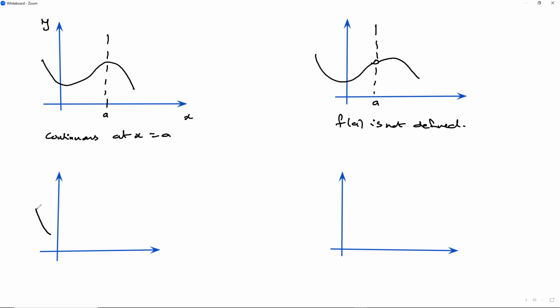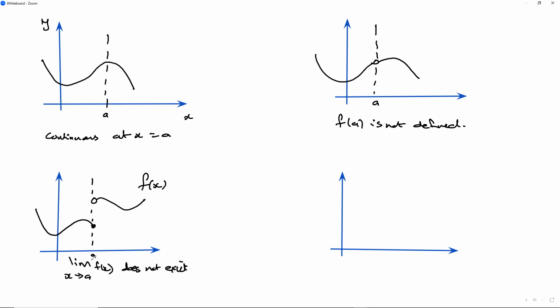Then we've got the case where I stop with a solid circle and start with an open circle in another function. For this one, the limit as x tends to A of the function f of x, by the way, this is a piecewise function f of x, does not exist.